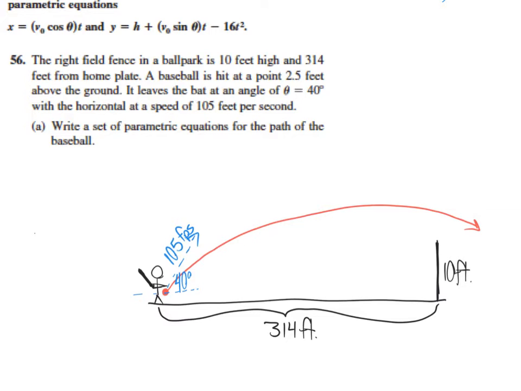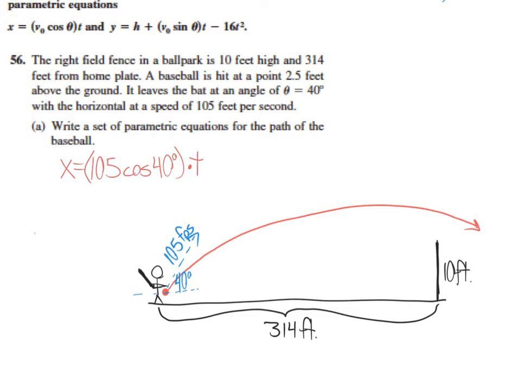So let's check this out. We've got x equal to what in this case? Someone give me your equation. x equals 105 cosine 40 degrees times time.